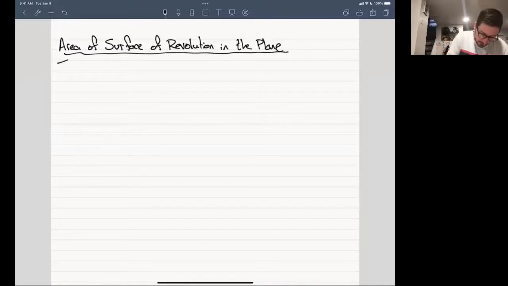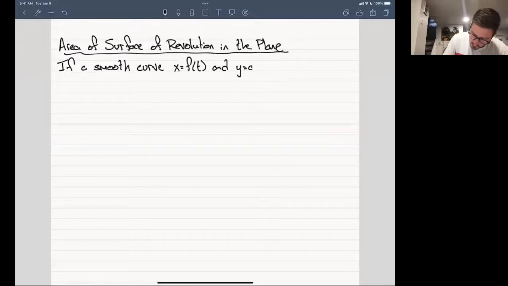So let's say we have a smooth curve, x is equal to f of t and y is equal to g of t. So this is our usual parametric curve definition with t running between a and b.